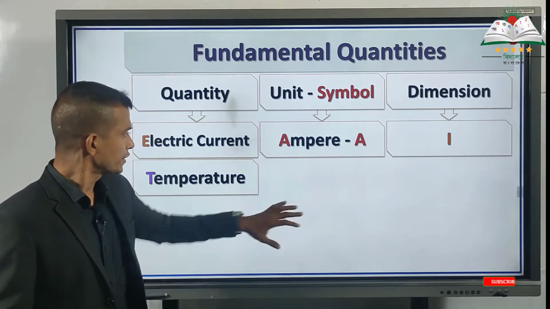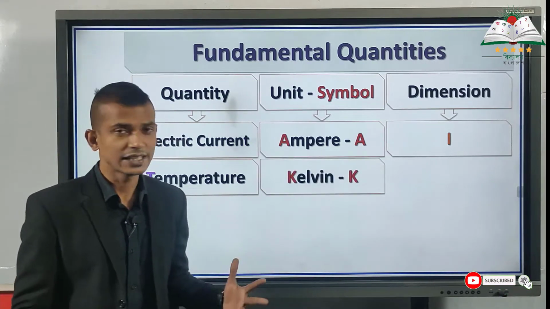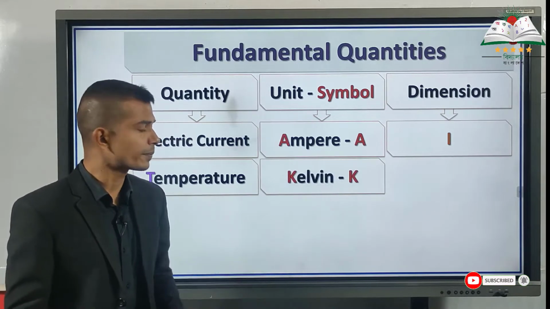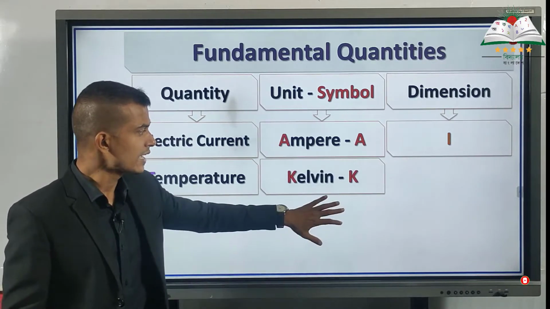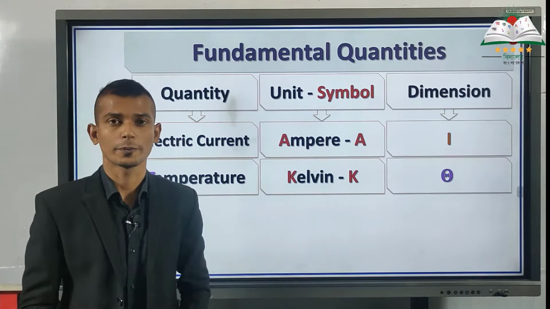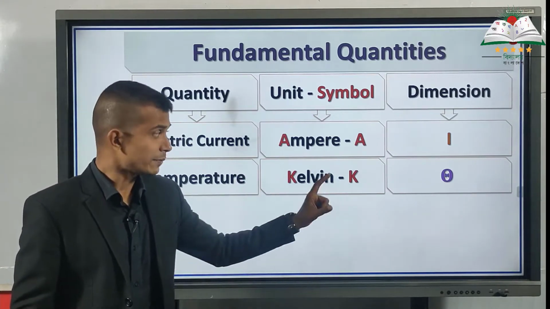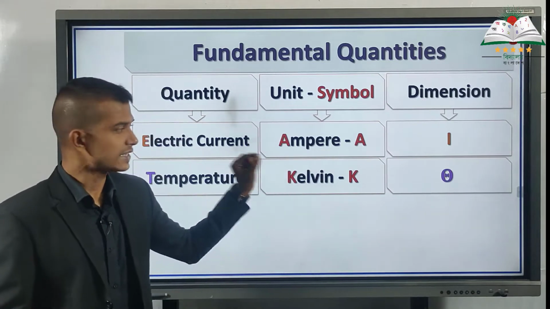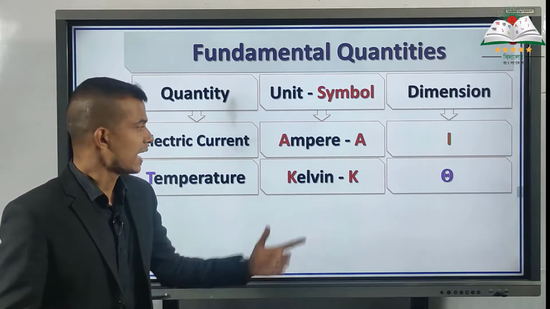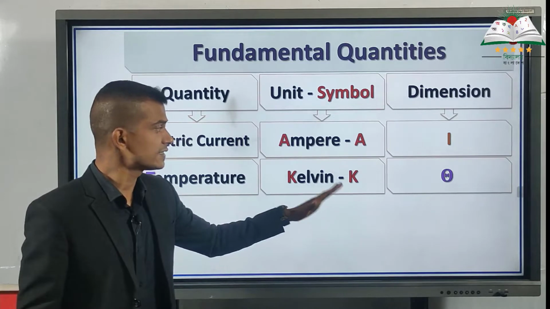Temperature, we measure in the Kelvin scale. It has a symbol of capital K, and this is the most important part. The dimension of temperature is theta, but it cannot be said as just theta. We will call it the uppercase theta.